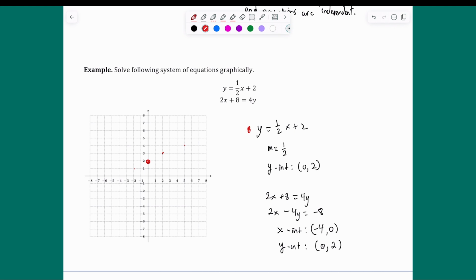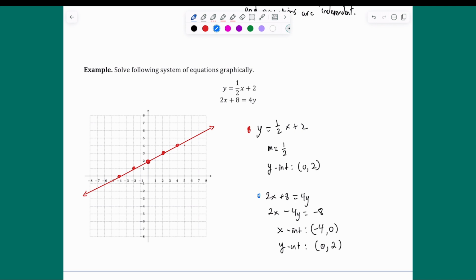So up 1 over 2, down 1 over 2, up 1 over 2, down 1 over 2. And I made a mistake there. So it's down 1 over 2, down 1 over 2. So it looks like this one. This way is looking like that. That's a little bit better.